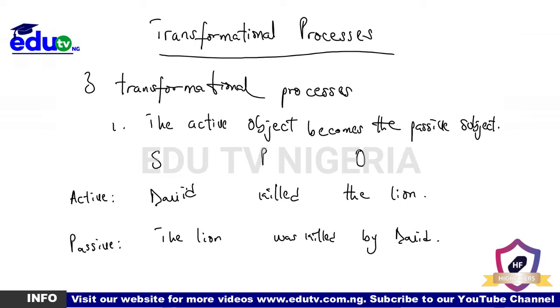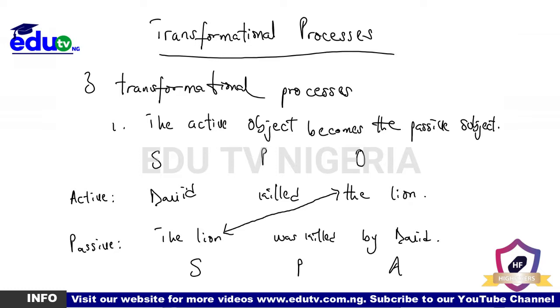So this time what we see here is that the active object becomes the passive subject, because this is your S, this is your P, and this is an A. So the active object becomes the passive subject, as you can see. So that's the first transformational process that occurs in the formation of a passive sentence.